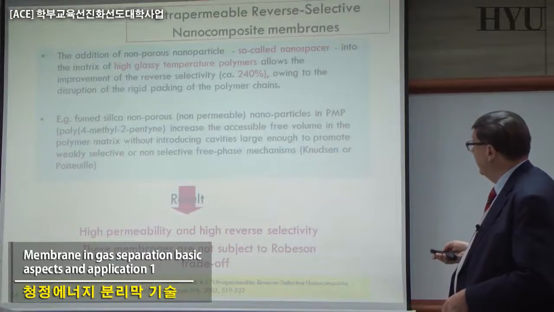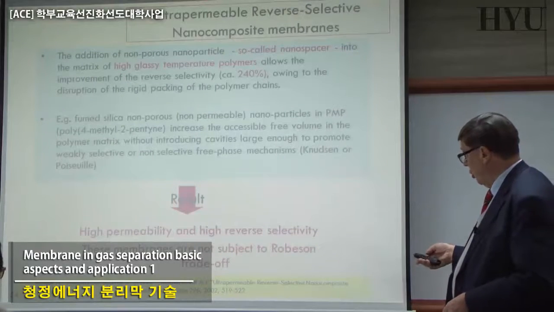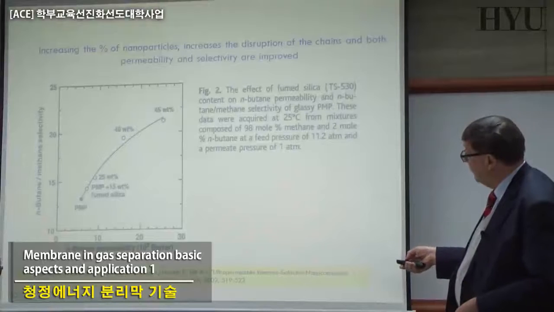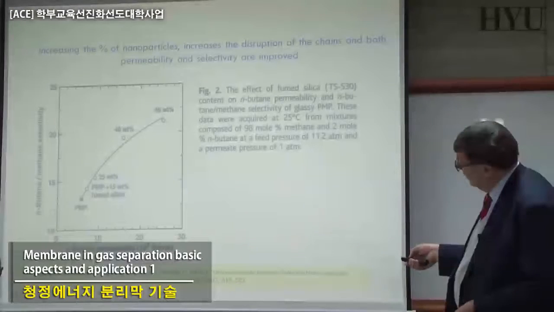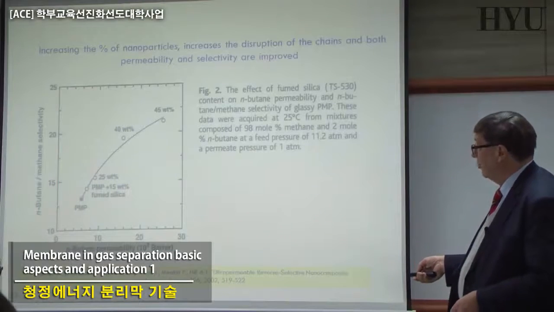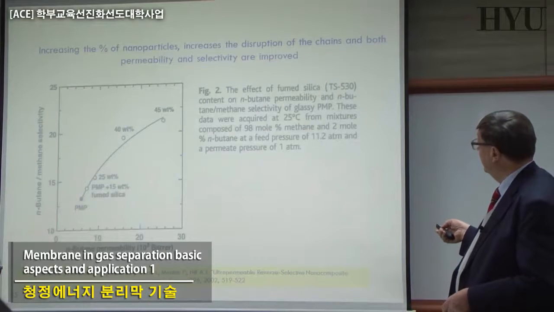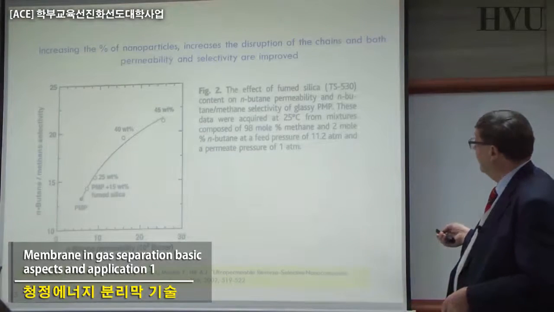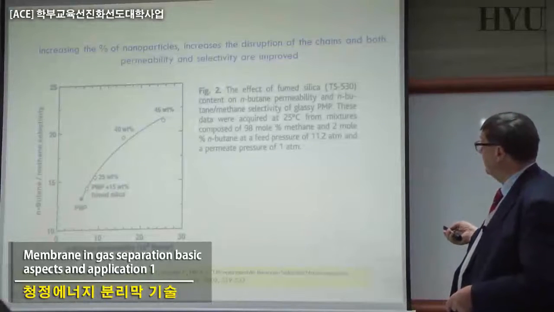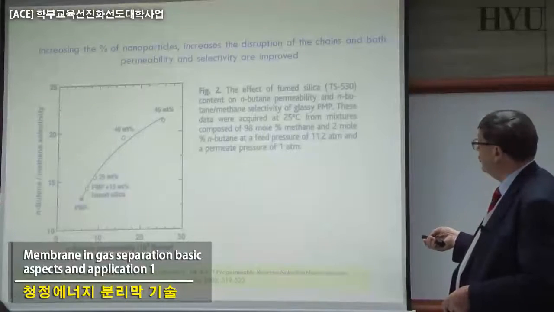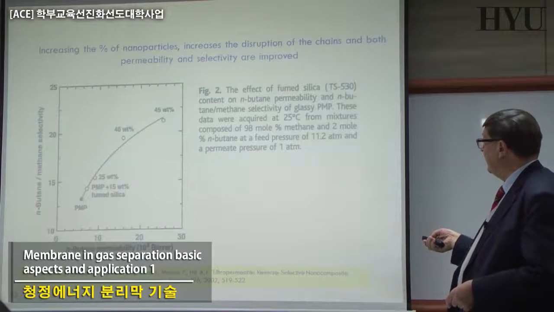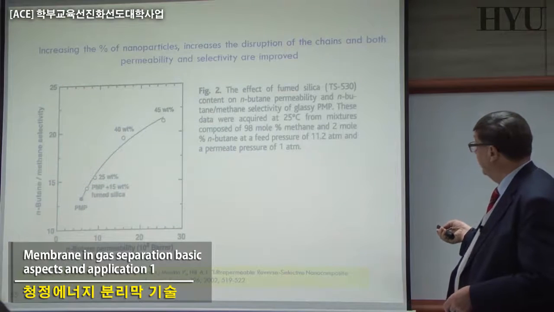Typical data here are, by the way, as I was mentioning, no Robeson, and here are some of the data. You can see that the normal butane permeability increases if you increase the percent of the particles, and that is changing the butane-methane selectivity of the glassy PMP.